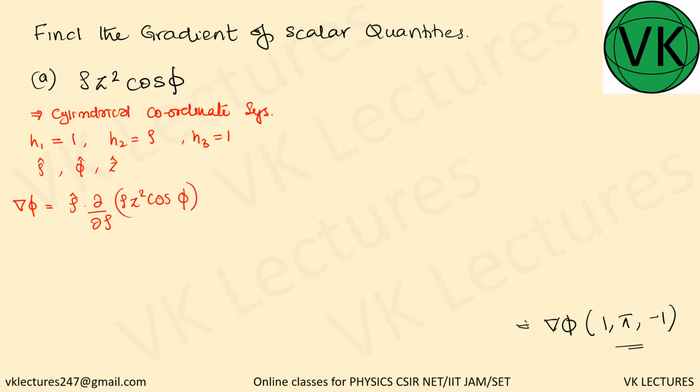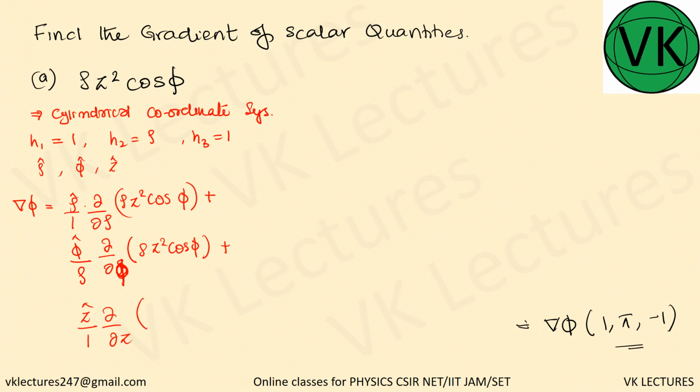So this is the first term, plus phi cap by h2, that is phi cap by rho, dou by dou phi of rho z square cos phi, plus z cap by 1, dou by dou z of rho z square cos phi.